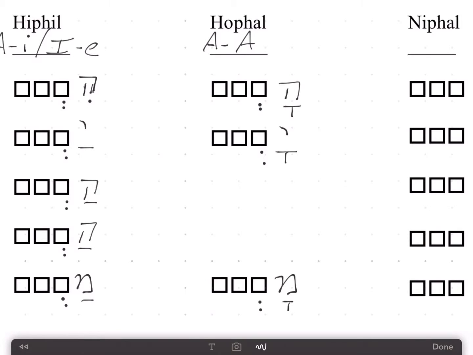Okay. We are missing imperative and infinitive boxes for the Hofal and for the Pual. The reason is because those forms don't occur in the Hebrew Bible. So we would typically have boxes here for those. Those are theoretical forms. But because we don't see them in the Hebrew Bible, we aren't really that concerned about memorizing them. Okay.